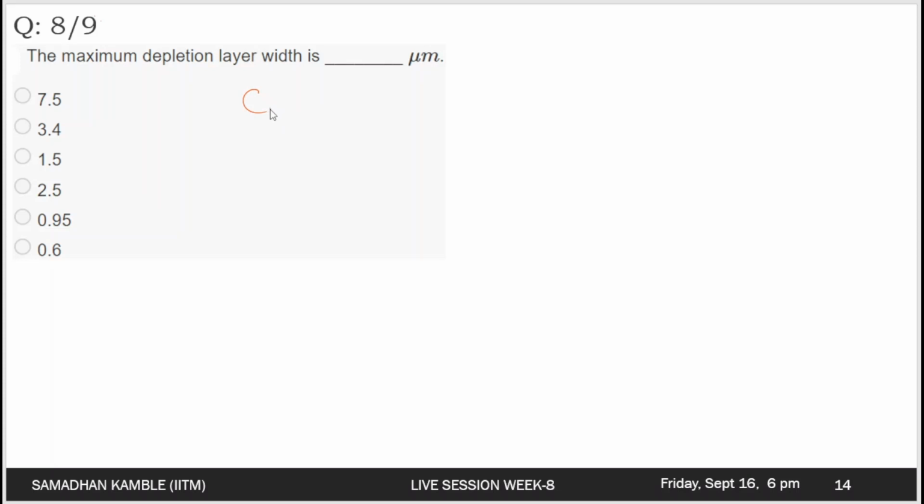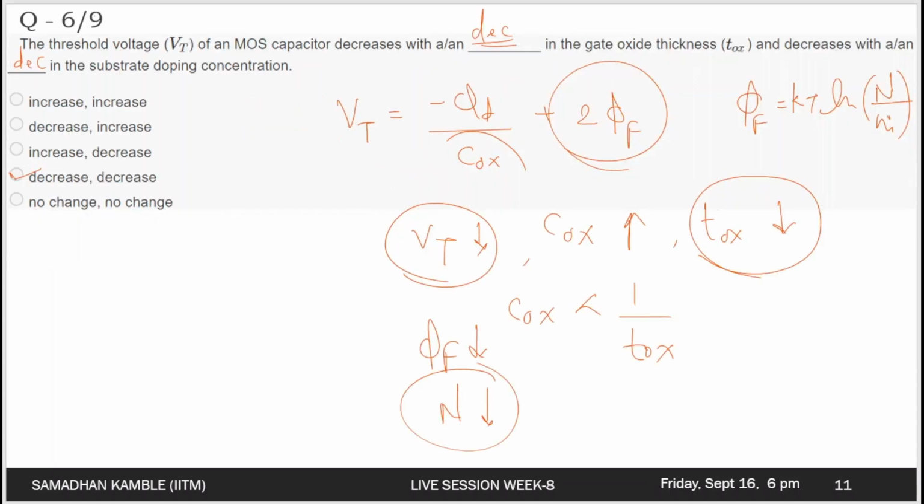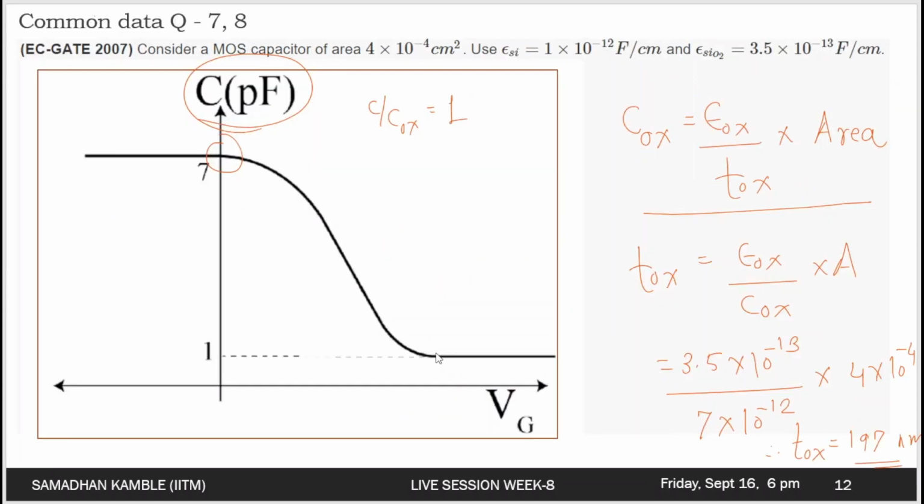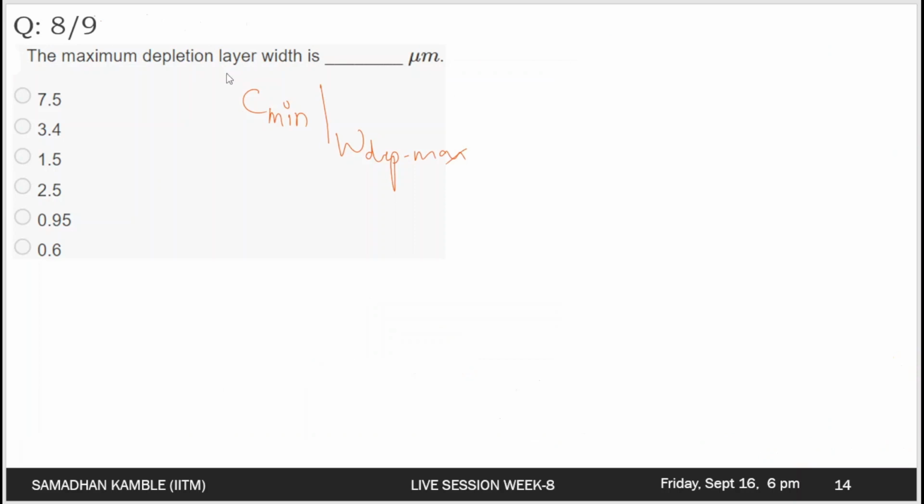So C min when the W dep is max. And if you go to our figure, you can see that the minimum C, that is C min, is 1 picofarad.